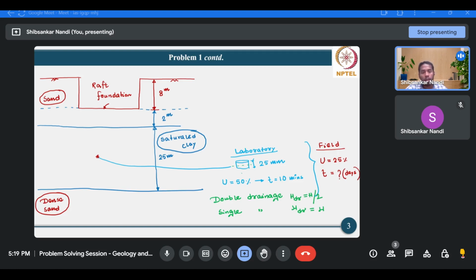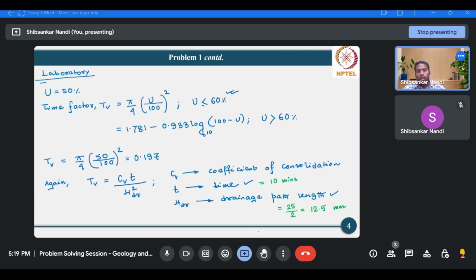Okay, so if there is two-way drainage, then the drainage path distance would be half of its thickness, and for single drainage, the drainage path length will be simply the thickness. Okay, so this is very much essential to calculate the time rate of consolidation.